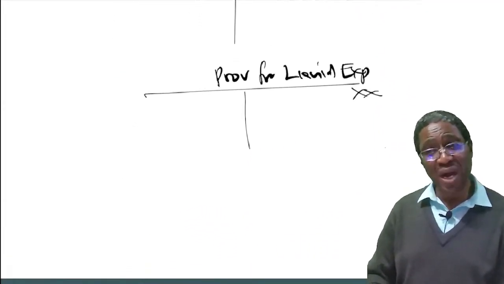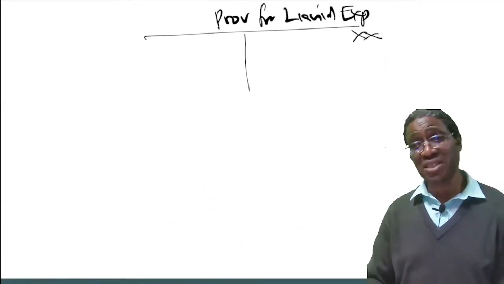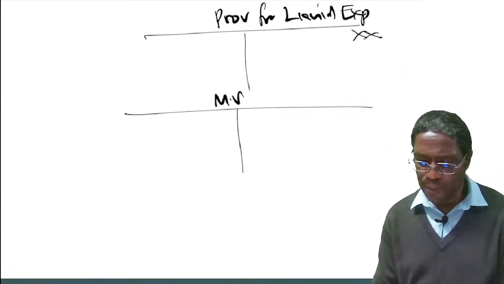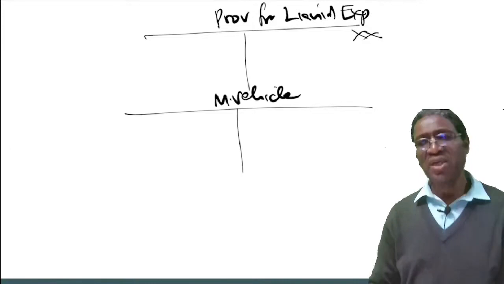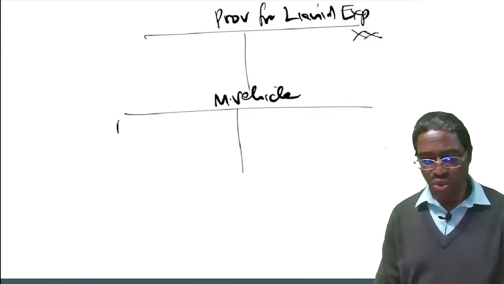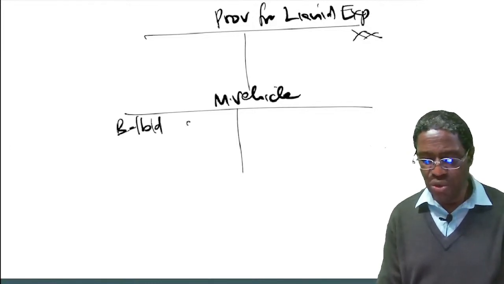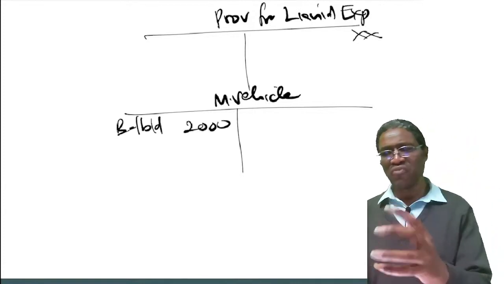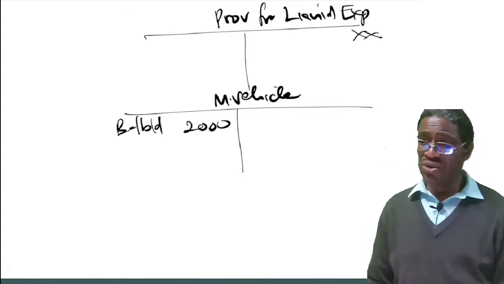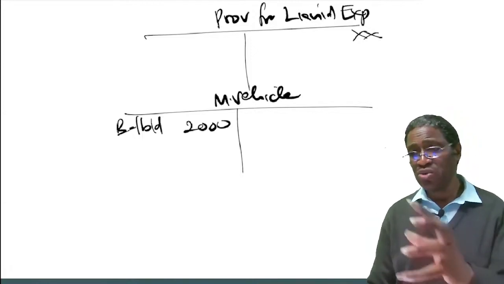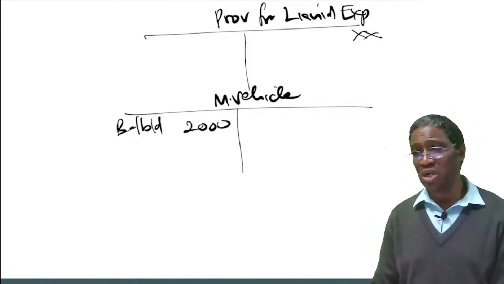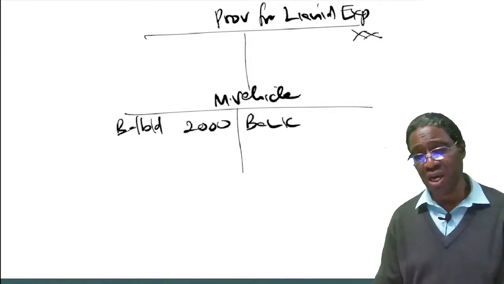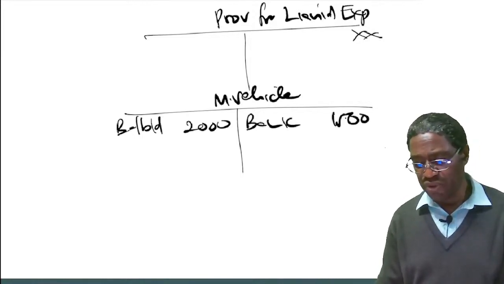You will debit bank and you credit the asset. Let us assume it's an asset called motor vehicle, which could be having a book value of, let's say, 2 million. You sold it for 1.5 million. So you will debit bank by that 1.5 million and you credit the asset called motor vehicle by 1.5.